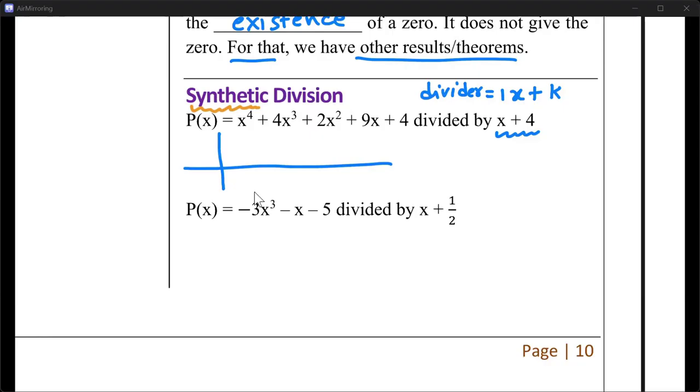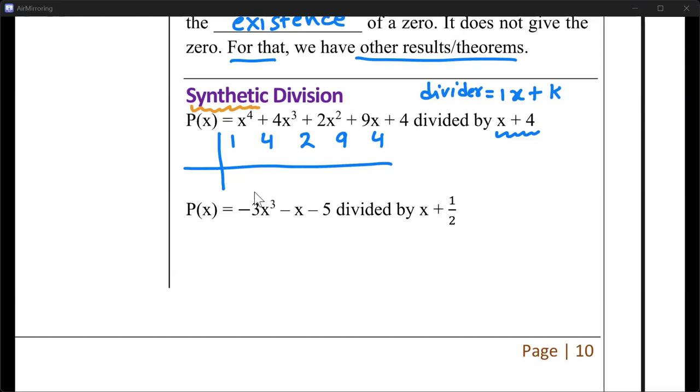So we deal with only the structure, the main skeleton of the polynomial, that is the coefficients. I'm going to list the coefficients: 1x to the 4 plus 4x cube plus 2x square plus 9x plus 4. Only the coefficients in the descending order.